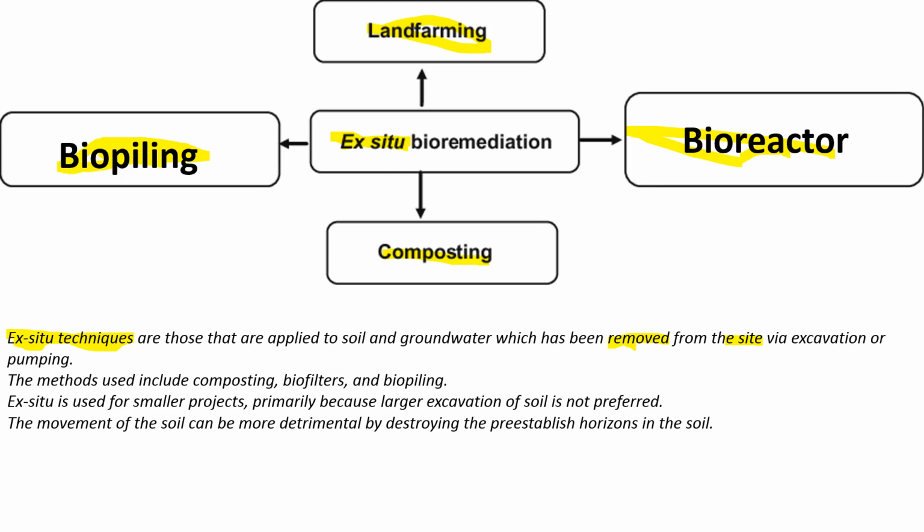So obviously, ex-situ is suitable only for very small projects. Only certain tons of soil can be remediated, or certain gallons of water can be remediated. So it is well and good for smaller projects. These techniques, as you see on the screen, consist of land farming, using a bioreactor, composting and biopiling. In the upcoming slides, we'll see what these techniques actually are.